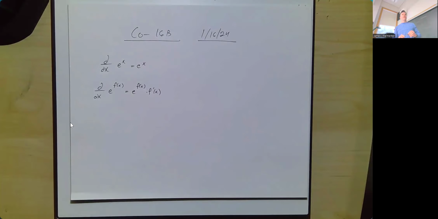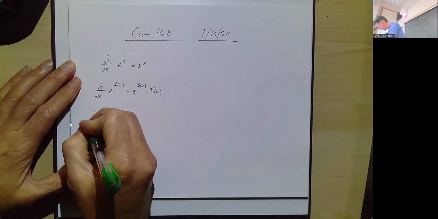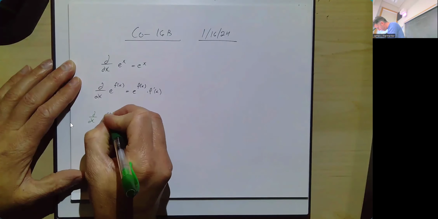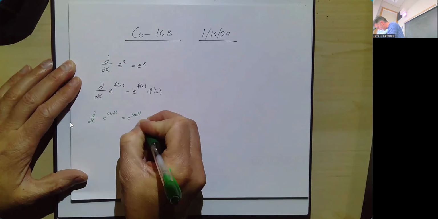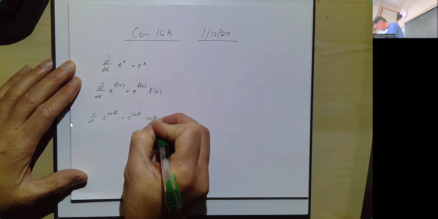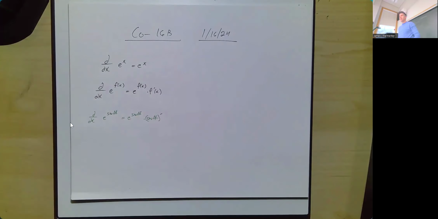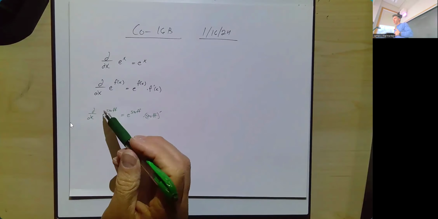Or as I would write less mathematically, the James version is that the derivative of e to the stuff is e to the stuff times the derivative of that stuff. That's what I'm always going to say, even though the other is the more technically correct way of writing it.